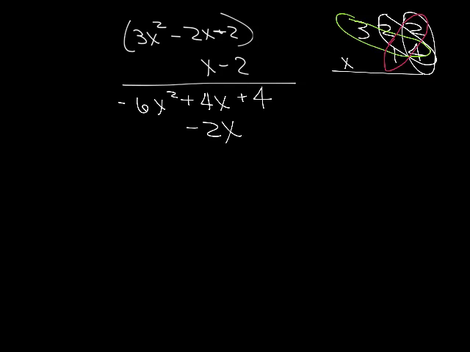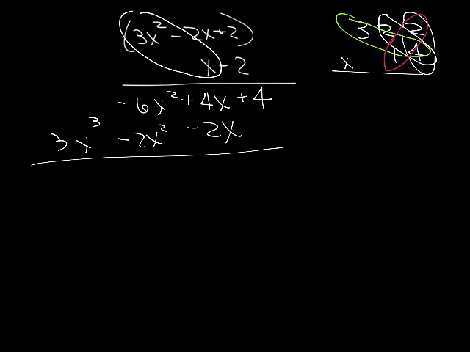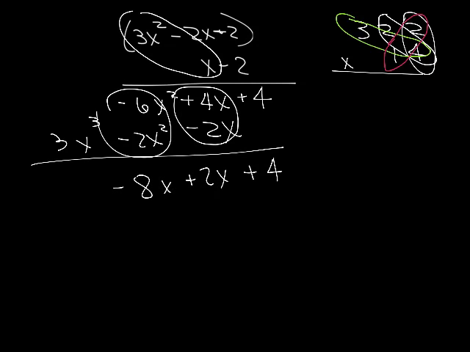And then we multiply this times this, and I get negative 2x squared. And then I multiply this times this, and I get 3x cubed. So then I add everything up. 4. When I add these up, I get a positive 2x. When I add these up, I get negative 8x squared, and this one is a 3x cubed.